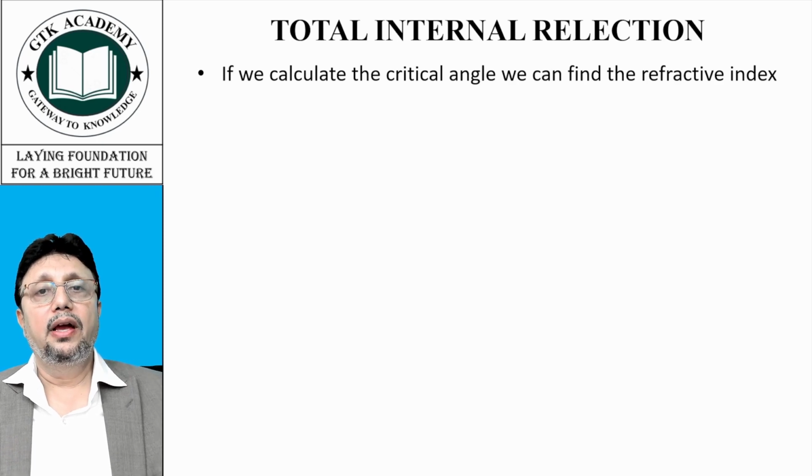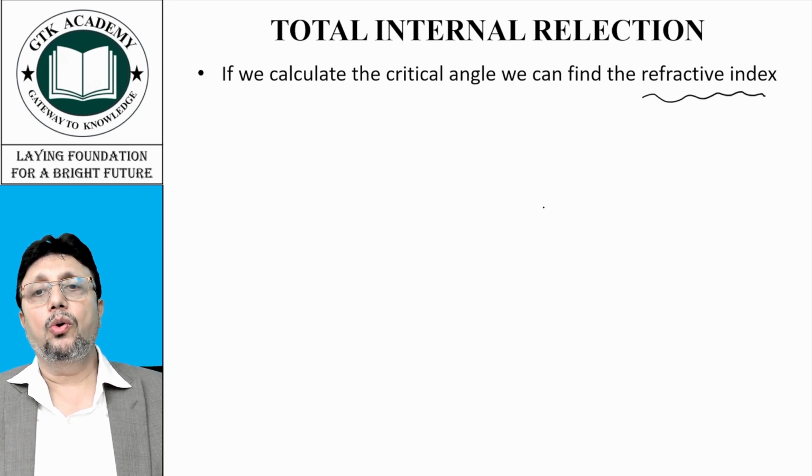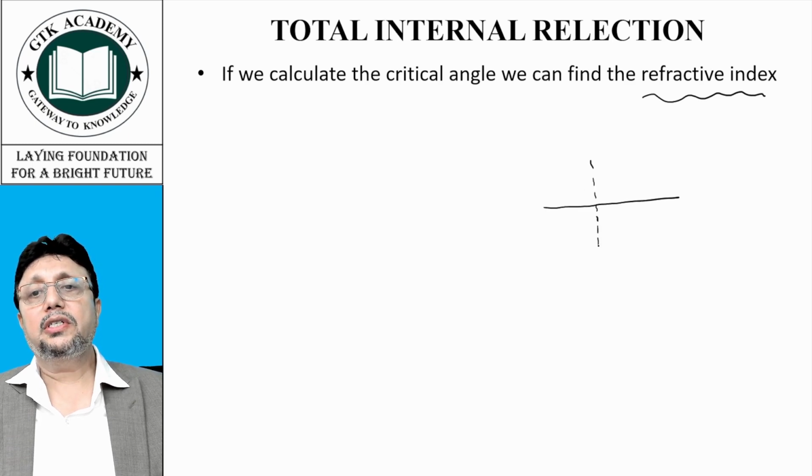Now, if we calculate the critical angle by some experiment, we can find the refractive index of the material. Suppose you must have read in Snell's law, this is medium 1 and this is medium 2.